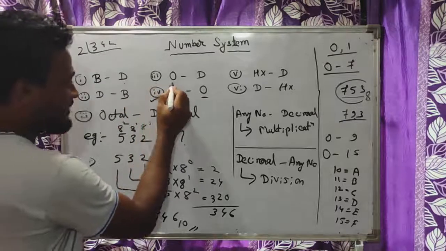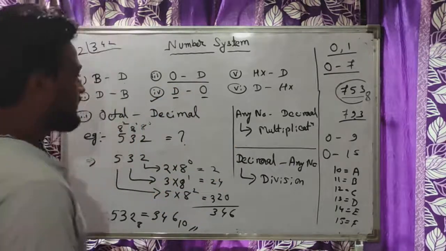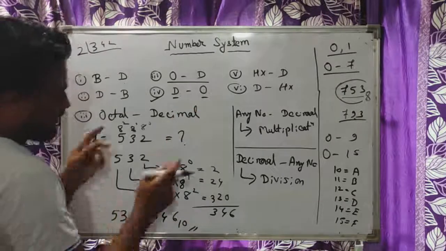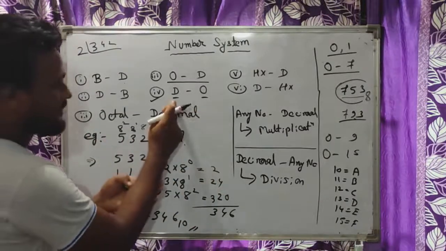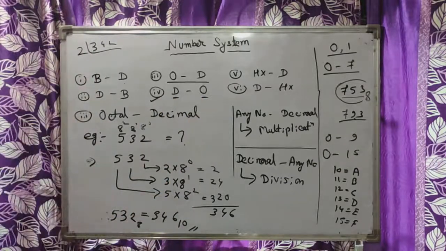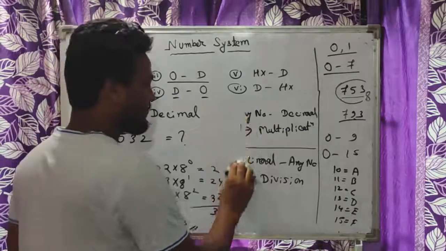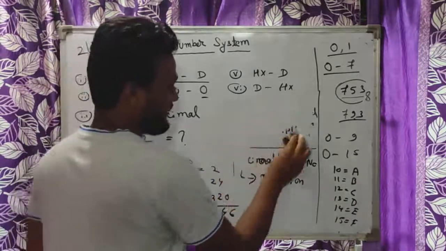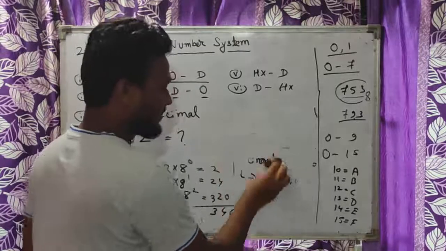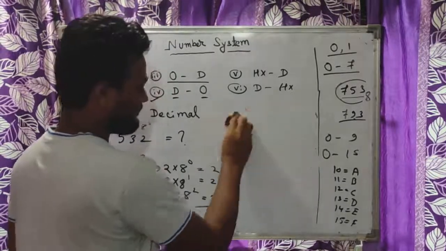So already we have seen how we can convert an octal number to a decimal number, and now we are going to see how we can convert a decimal number to an octal number. Please note it down, because in the exam I know most students will be confused about whether you have to multiply or divide.